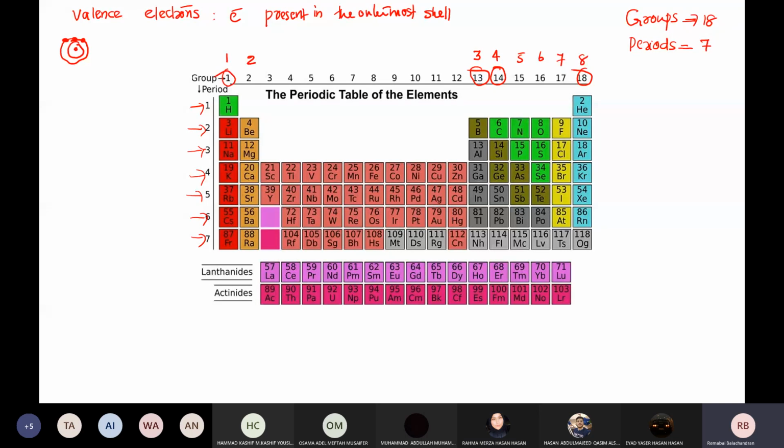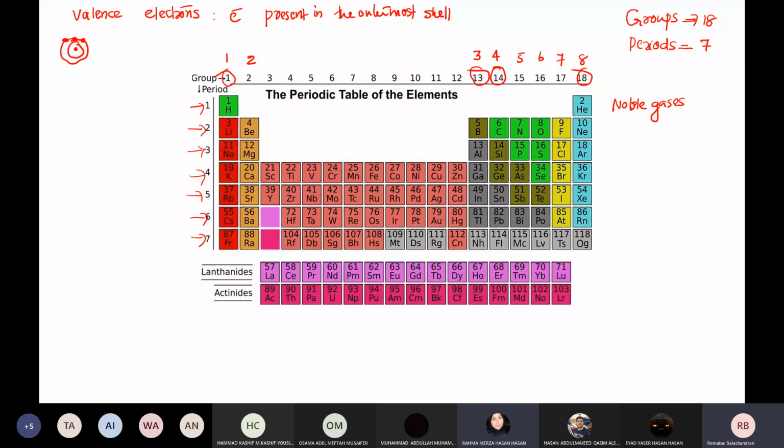Okay. Now, group 18 elements have a specific name. Do you know that? Noble gases. All of them are gases. They are called noble gases. All noble gases have 8 electrons in the valence shell except helium.